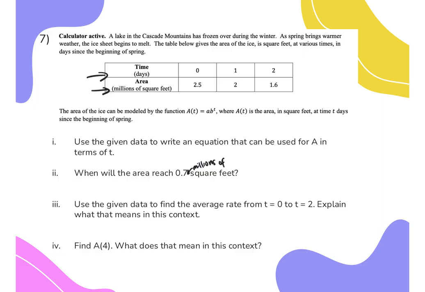The numbers are not terrible, but you have to know how to do it with and without a calculator. With a calculator, I'm going to run the regression. So I'm going to my stat, typing in this data. So it's 0, 1, 2, and it's 2.5 to 1.6, and I'm going to run the regression.